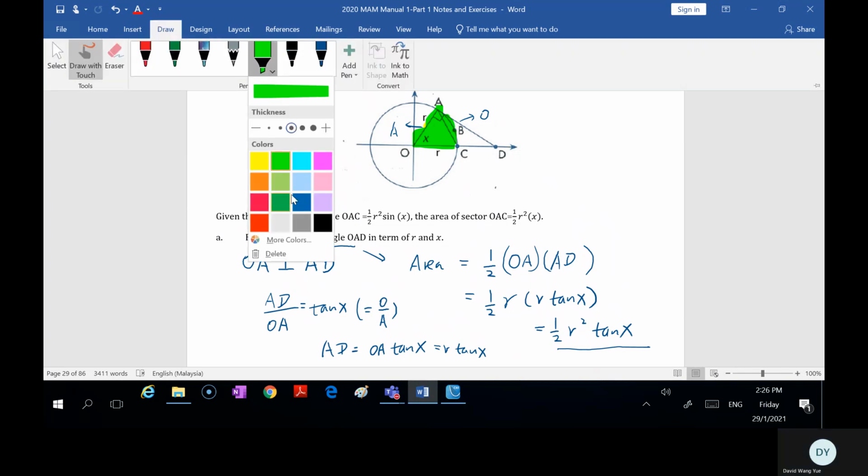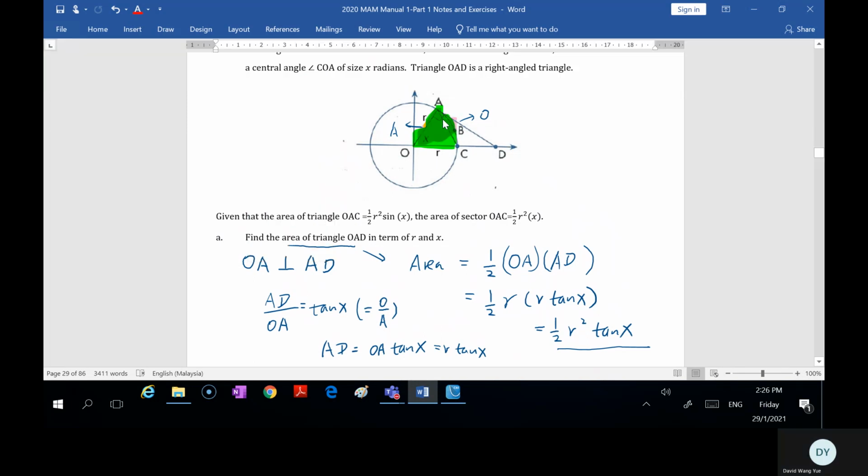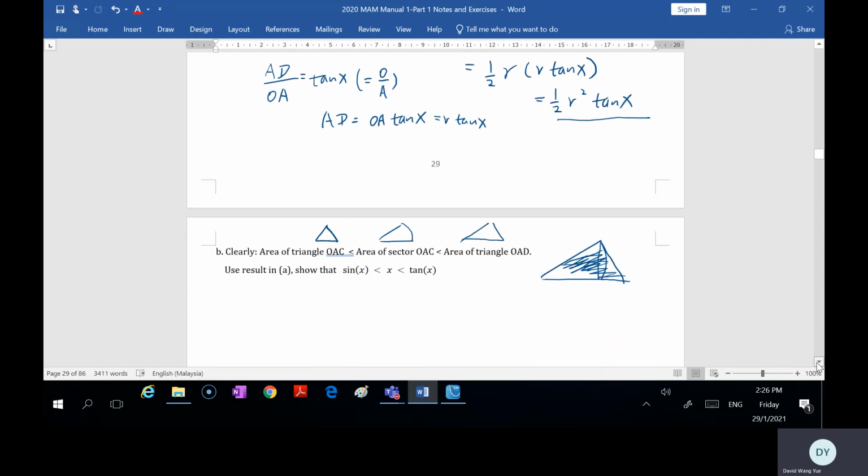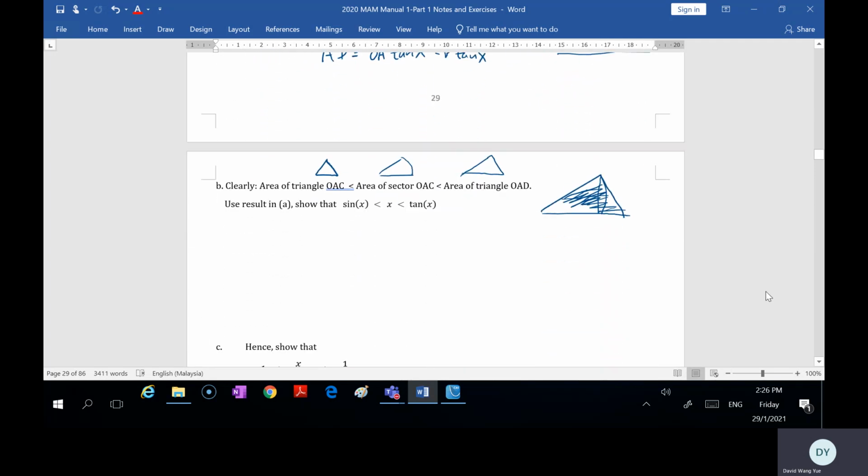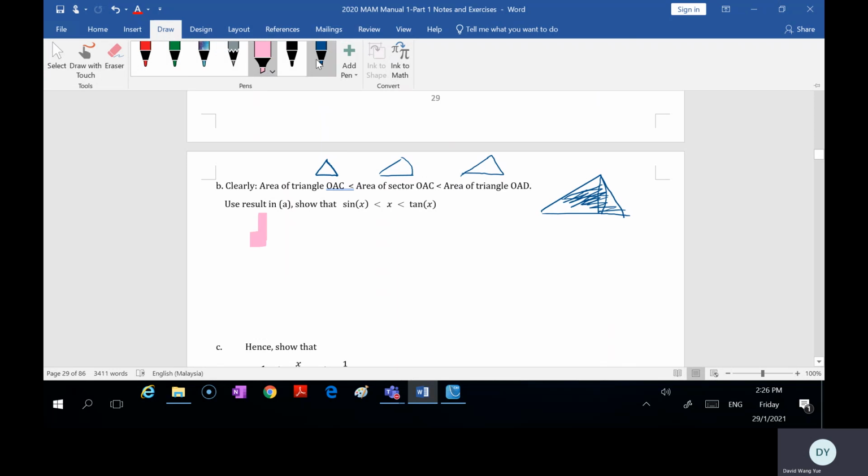And OAD is bigger than the sector, and also bigger than triangle OAC. So obviously the area of triangle OAC is less than the area of sector OAC, less than the area of triangle OAD. And if you remember their area expressions, this one, this one, this one.